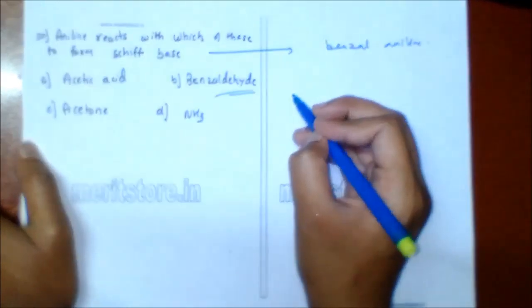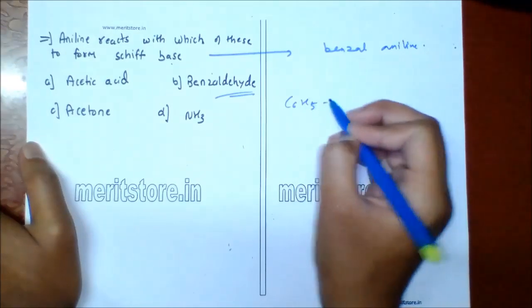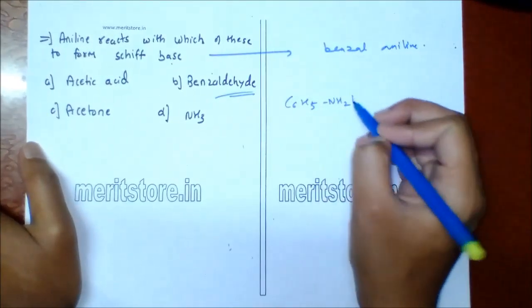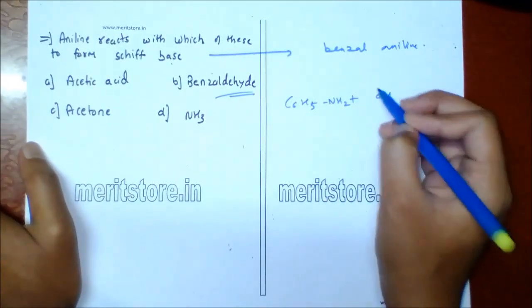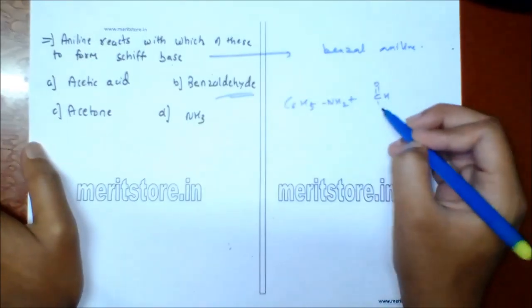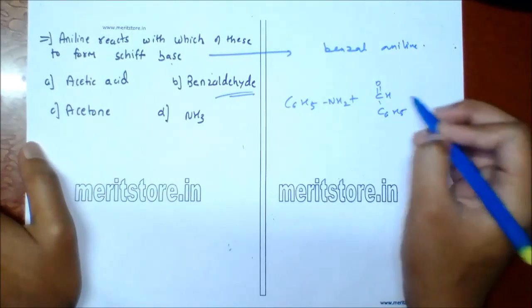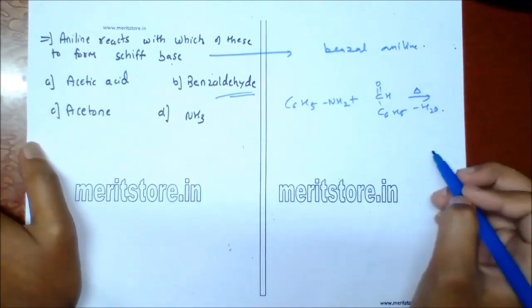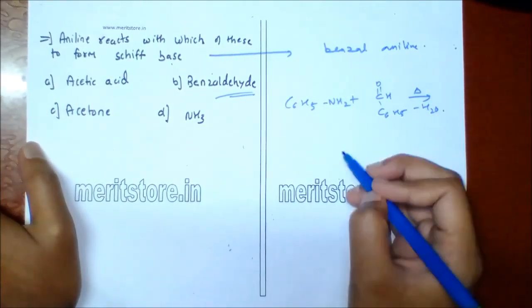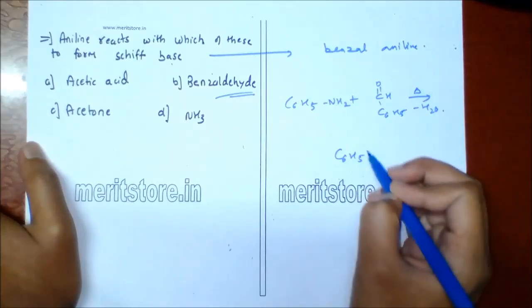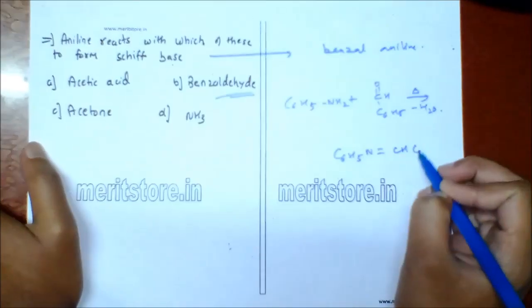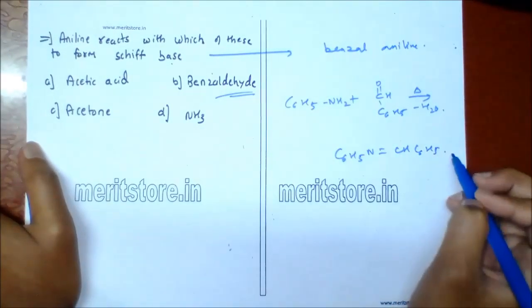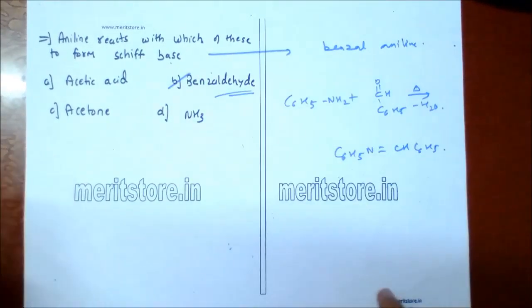The reaction goes as C6H5NH2 plus C6H5CHO. On heating, there is removal of a water molecule and benzylidene aniline is formed, that is C6H5N=CHC6H5, Schiff's base. So option B is the correct answer.